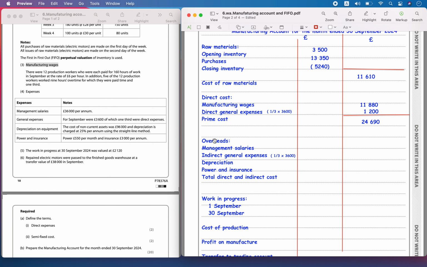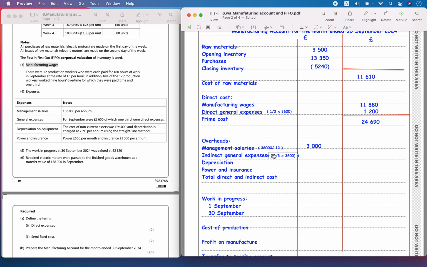Next, we have the indirect costs or the overheads. The first one is the management salaries. Management salaries were 36,000 per annum, which means we are calculating only for 1 month. So let's put 36,000 divided by 12, that is equal to 3,000.